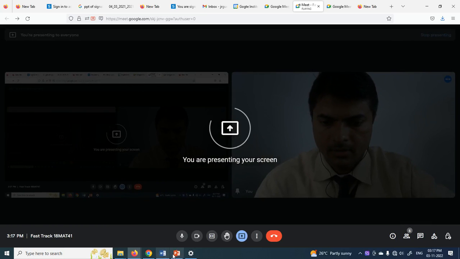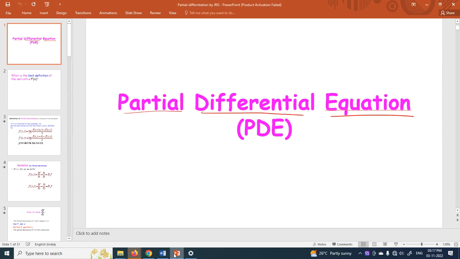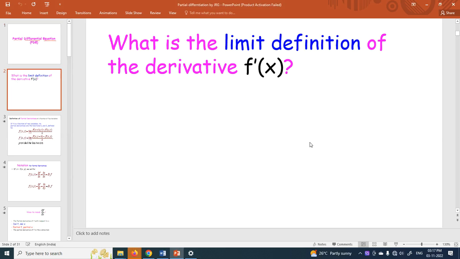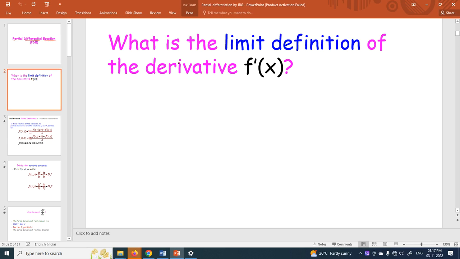Yes friends, so you can just see partial differential equation. In this first we already discussed what is the limit, definition of the derivative f dash of x. So I already told you how f dash of x is being represented. So you can just see how to represent f dash of x.